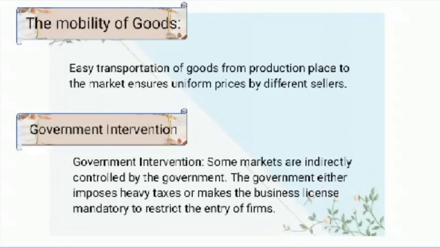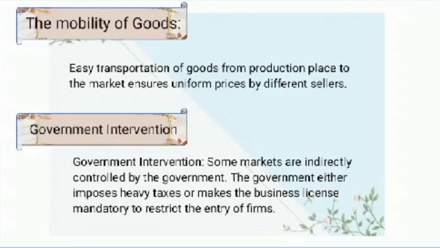Next is government intervention. In government intervention, some markets are indirectly controlled by the government. The government either imposes heavy taxes or makes the business license mandatory to restrict the entry of firms.